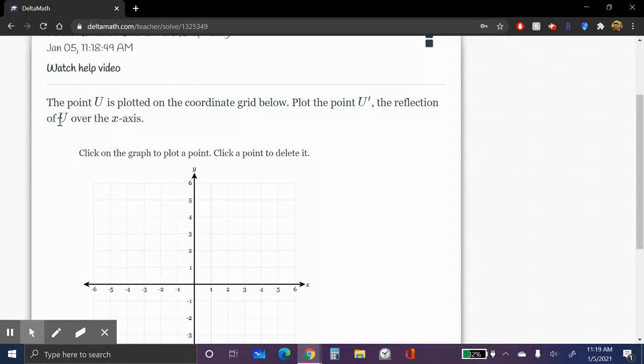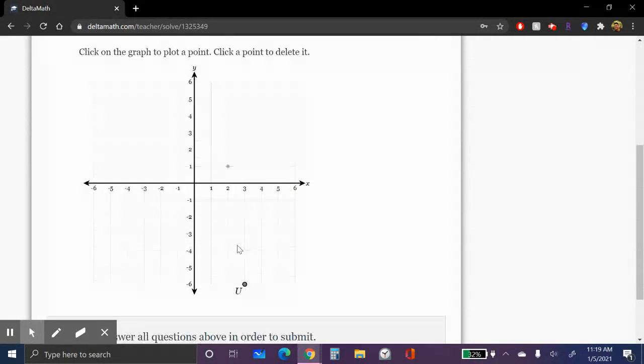The reflection of U over the x-axis. The x-axis, remember, is the horizontal, so that's my line of reflection. This goes down 1, 2, 3, 4, 5, 6. That means it's going to go up 6.